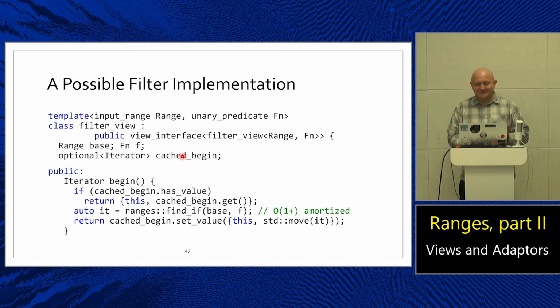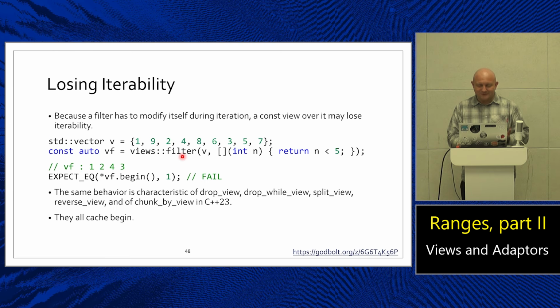And also, we are losing something really important. Now we see the real problem. Because the filter has to modify itself during iteration, a const view over it may lose iterability.